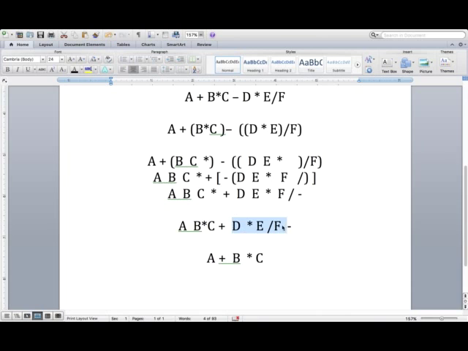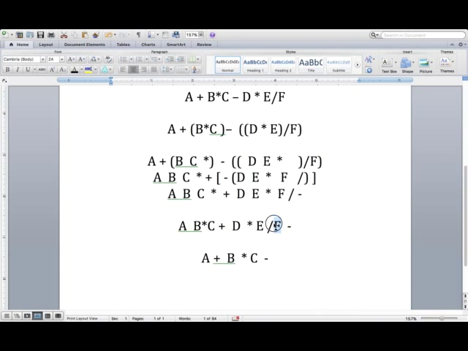So I can actually right now take this minus and put it here, and then just take this D into E, divide by F. There's not much to do here really, because this was one operand already, this is the second operand.